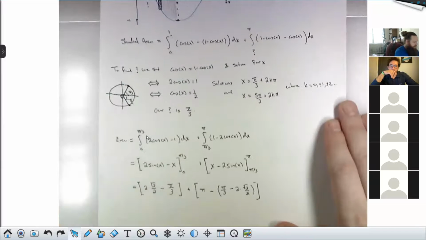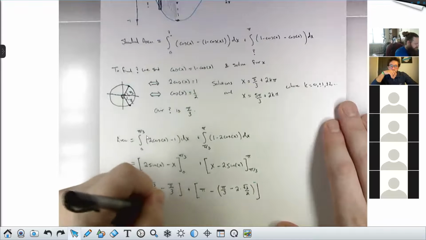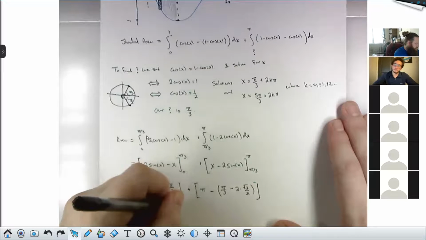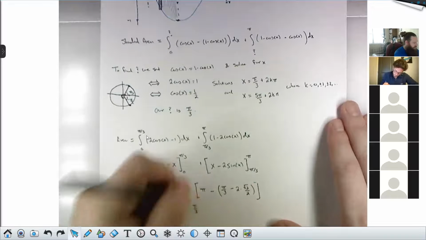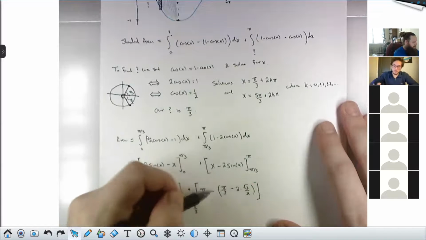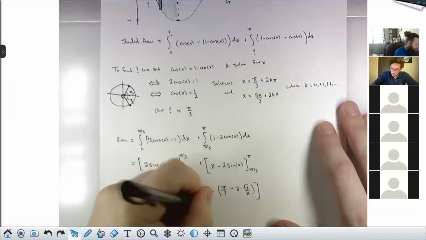All right, so now we just want to clean this up. This is the square root of 3 minus pi over 3 plus pi minus pi over 3. And then the minus minus here is going to make plus the square root of 3.